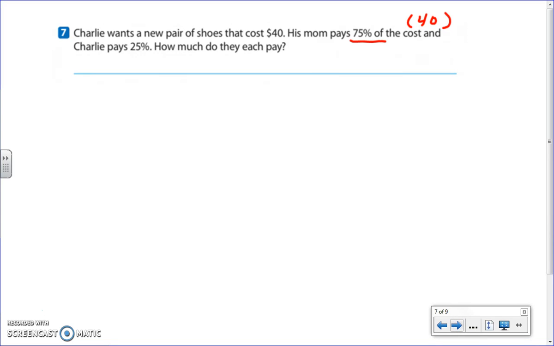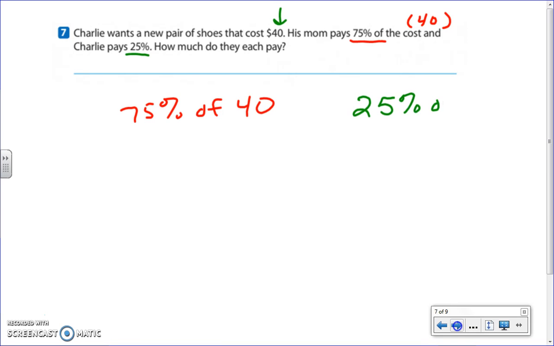So I'm going to think, okay, 75% of 40. And Charlie pays 25% of the cost, 25% of 40. So this is for Charlie. And the red would be for his mom. Mom's so nice. She buys shoes for you.